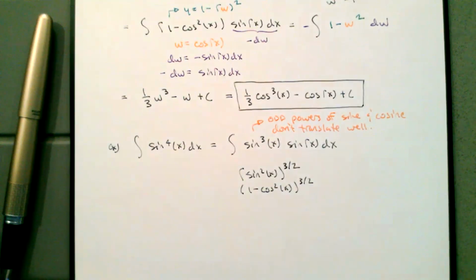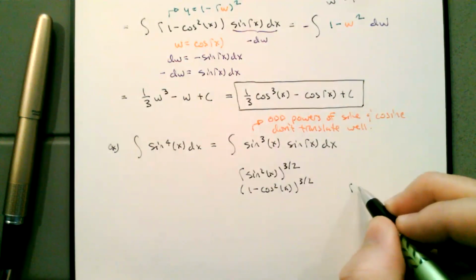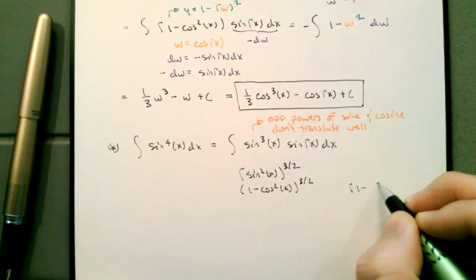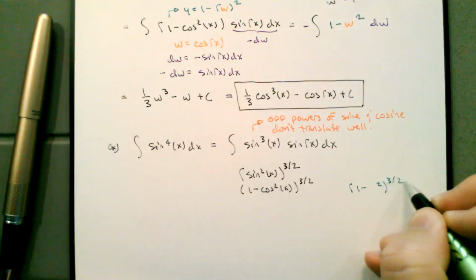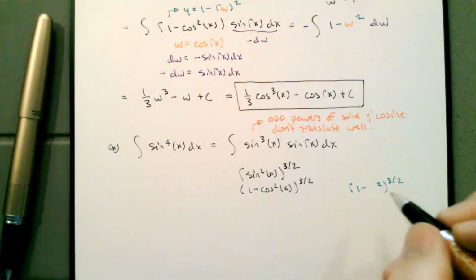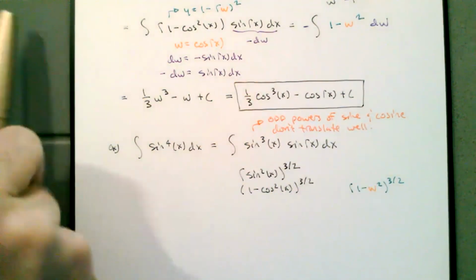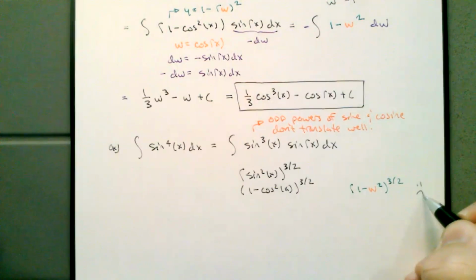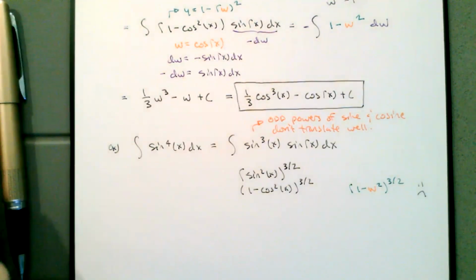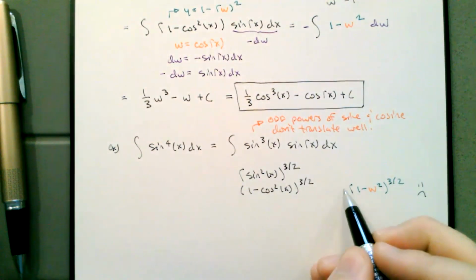So the substituted integral would be 1 minus w squared to the 3/2 power, and we don't have an integral for that. It'd also be a minus 1.